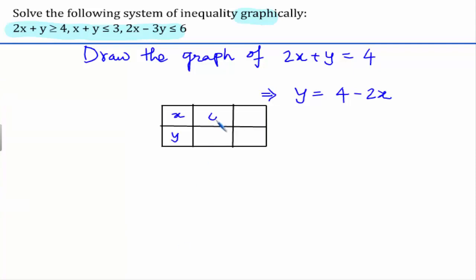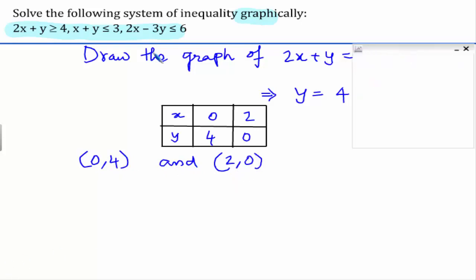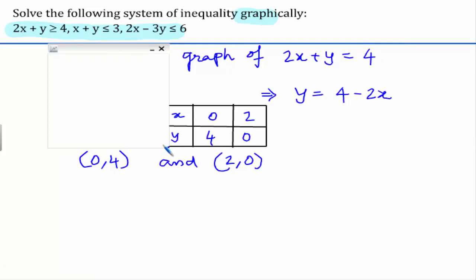If x is equal to 0, then y will be 4. If x is equal to 2, then y will be 0. So the ordered pairs will be 0, 4 and 2, 0. Now let us draw the graph with the help of these two ordered pairs.